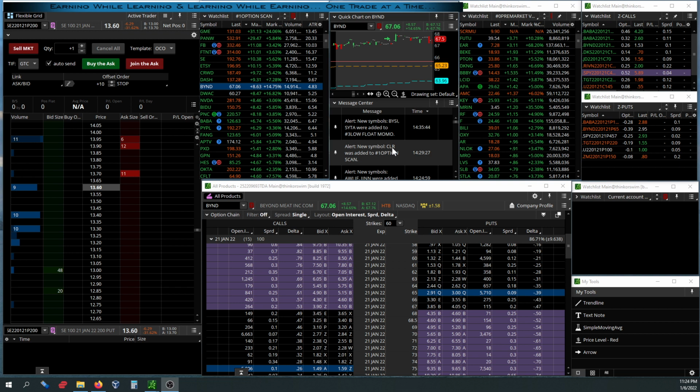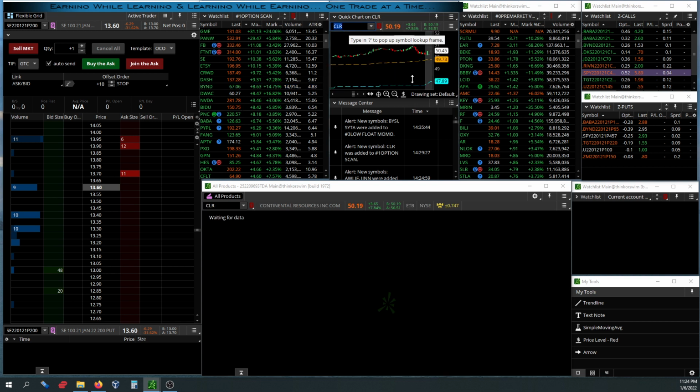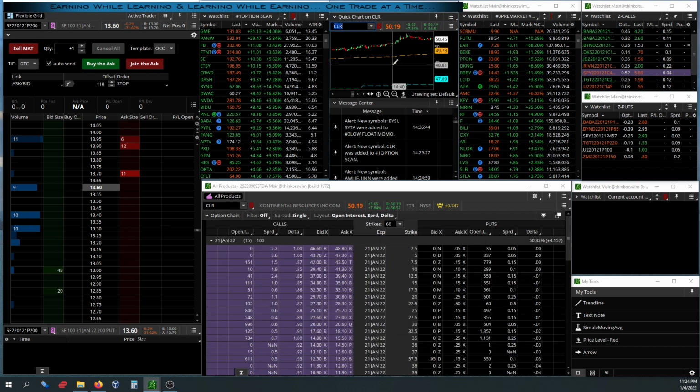But then we see here that it added CLR to the option scan. So above that, I have a little quick chart where I can type in and see what the stock was doing. So it added that at 2:29.